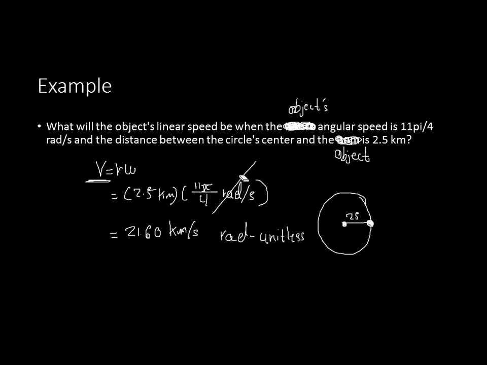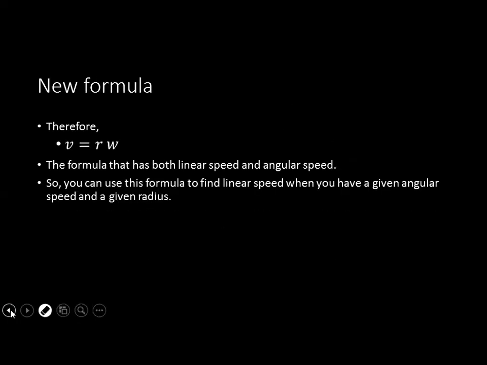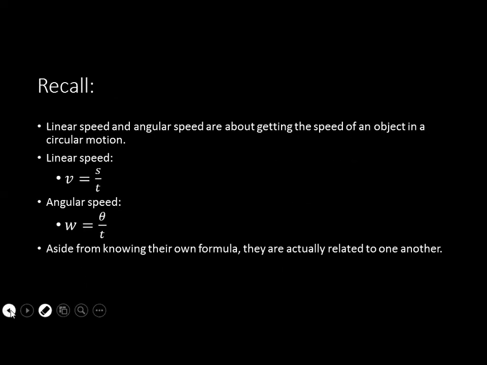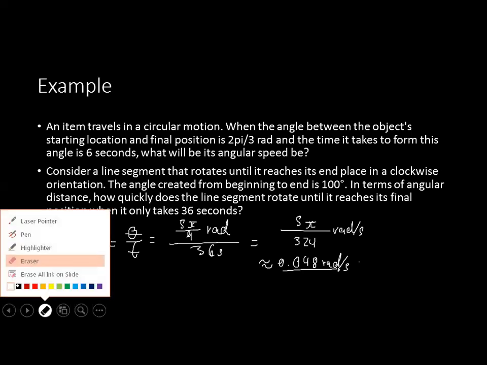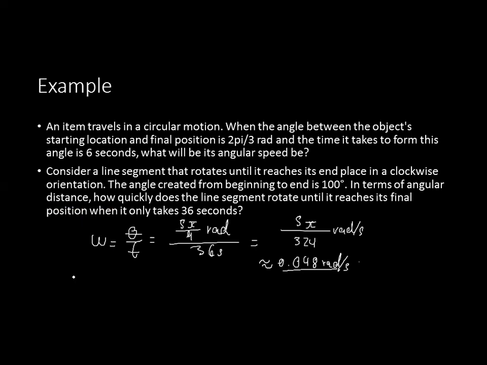But here's the question though. If it's unitless, then how about this one? Let's go back to our discussion last time, which is this one, angular speed, right? If that's the case, why do we use radians for this case, if we know that radians is unitless? Because I told you before that we use radians to represent a number that is in angle but not in degrees.